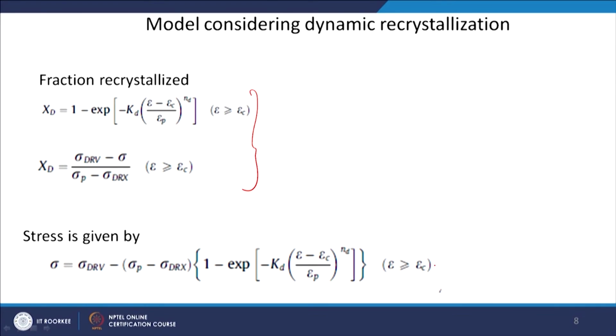So, they found out the fraction recrystallized from two different ideas, equated them, and from there found out the stress of the system at a particular point. So, this is a physical based model, which is considering dynamic recrystallization.